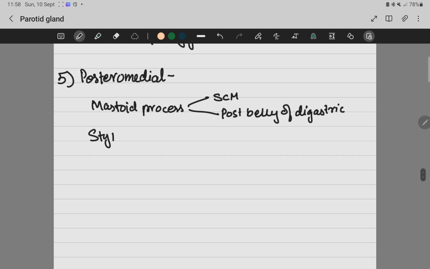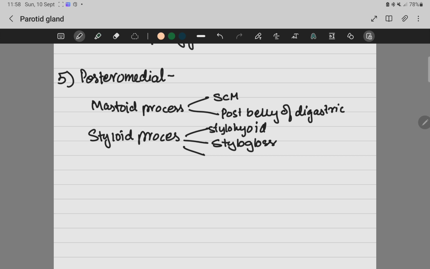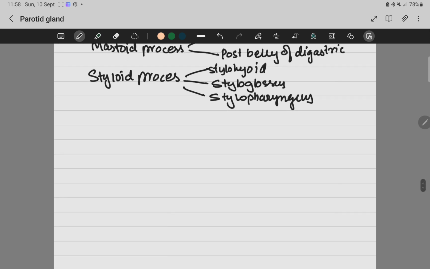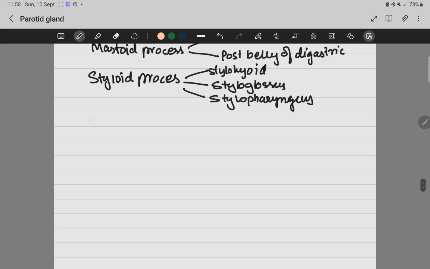And the styloid process and the muscles surrounding it, which would be the stylohyoid, the styloglossus, and the stylopharyngeus. Styloid process. And the facial nerve trunk, and the external carotid artery. Enters through this surface.